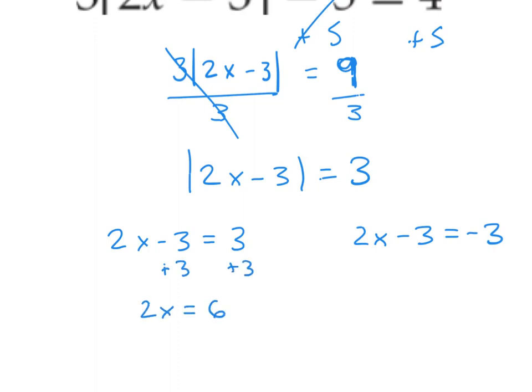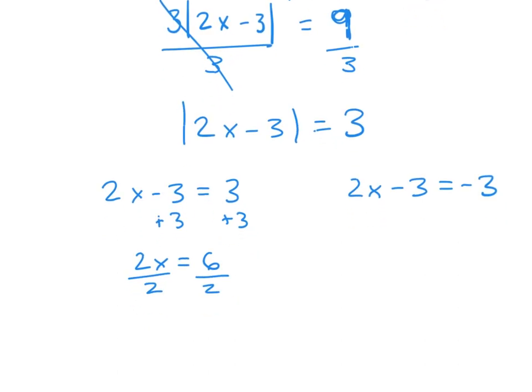What do we do next? Divide. What's going on between this 2 and the x? It's being multiplied, so to get rid of it, we divide by 2. So what is 6 divided by 2? 3. So our first answer is x is equal to 3.